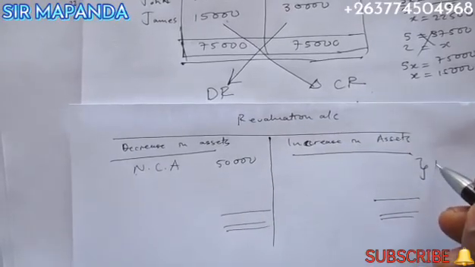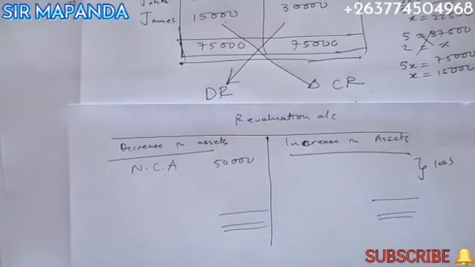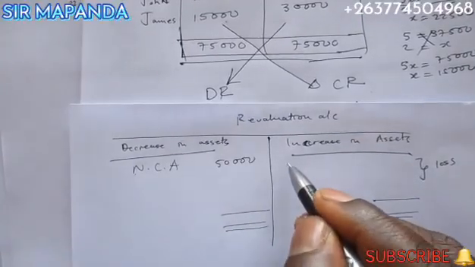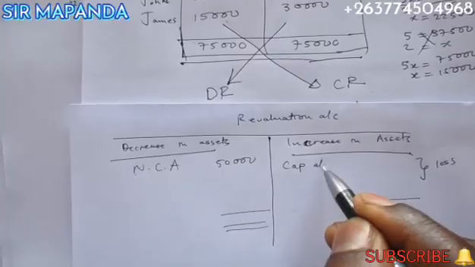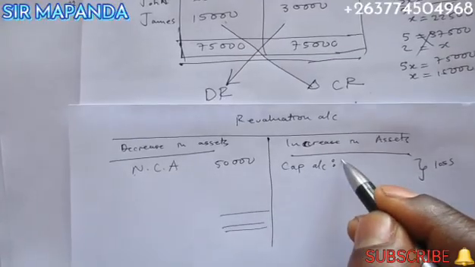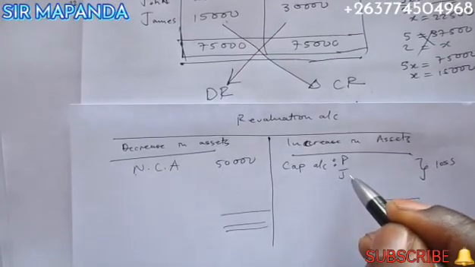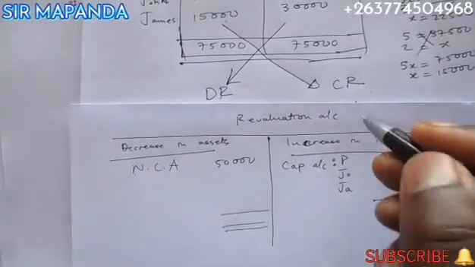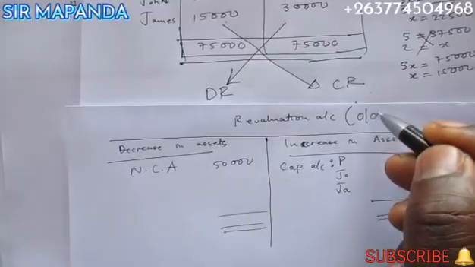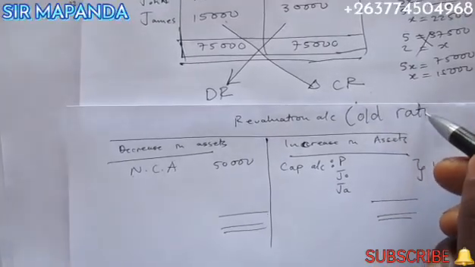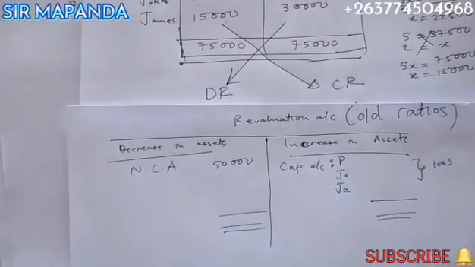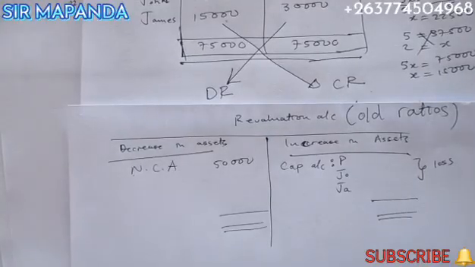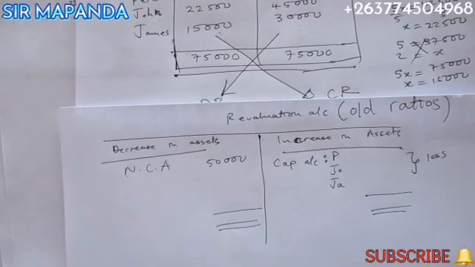A balancing figure on the credit side denotes loss on revaluation, which is shared to the capital accounts of old partners. It is very important to notice that the revaluation account only uses old ratios, and in the revaluation account only old partners are recorded. I hope you are following.